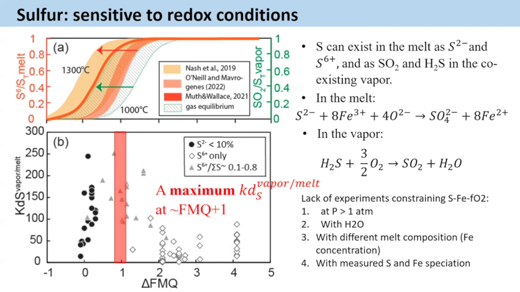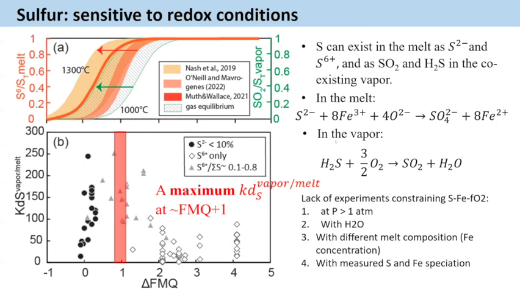However, there seems to be a lack of consensus on how sulfur speciation changes as a function of fO2 as calculated by different models. So these three colorful ranges, yellow, pink, and bright orange, are calculated sulfur speciation as a function of fO2 by three different models in the same temperature range between 1000 and 1300 degrees Celsius.